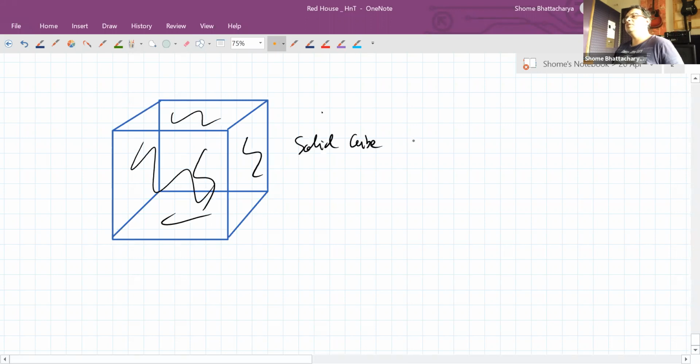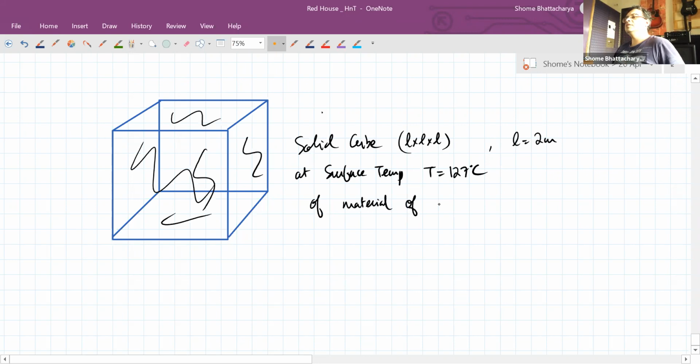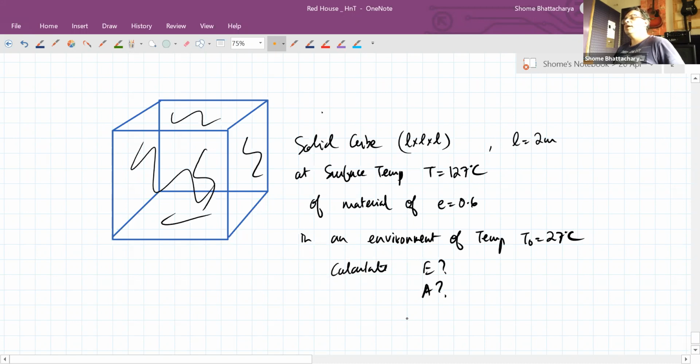The solid cube of dimension L by L by L, where let's say L is 2 meter, at surface temperature T equal to, let's say it's given to us in degree C, we'll convert it later, of material of emissivity equal to 0.6, in an environment of temperature T naught equal to 27 degrees C. You want to calculate emissive power, absorptive power, and the net rate of heat loss. So, want to calculate all these things.